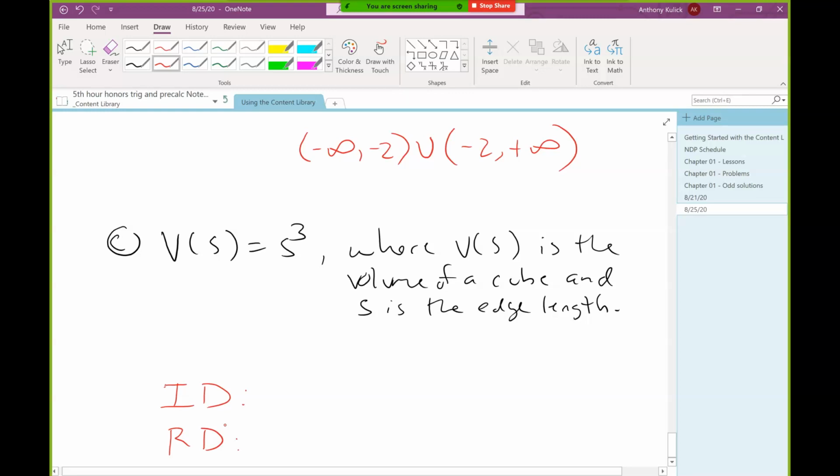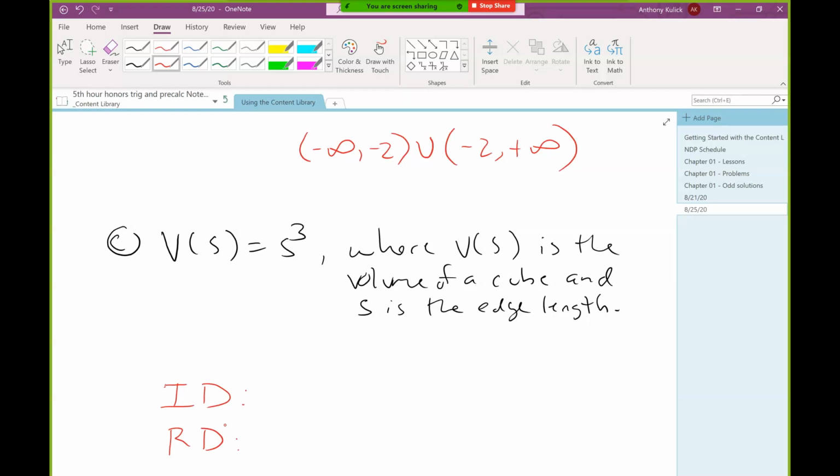So if we're talking about the edge lengths of the cube, what are reasonable values for the possible edge lengths of a cube? Yeah, they have to be positive numbers greater than 0, right?